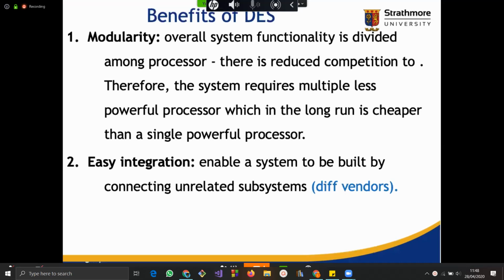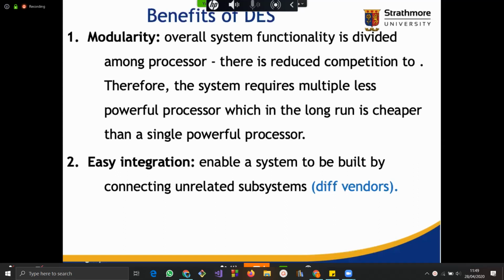Since one node does one task, you can have different vendors. This is when you're designing a commercial product. You can have one vendor taking care of one phenomenon, then another vendor taking care of another.